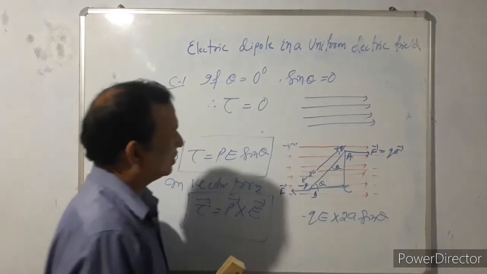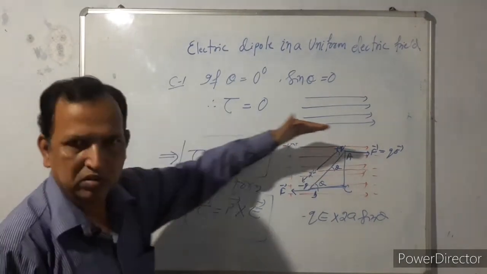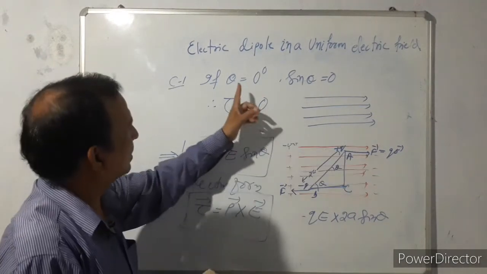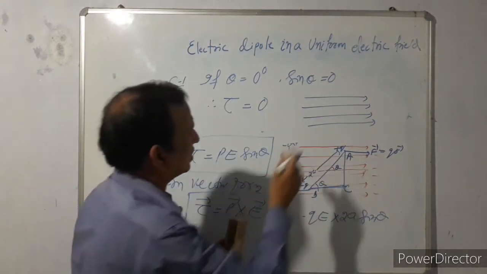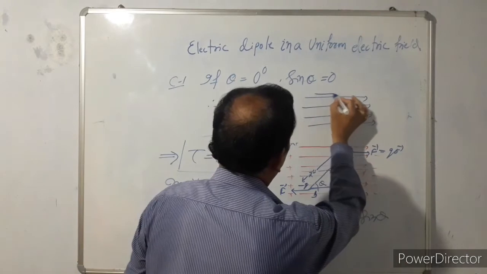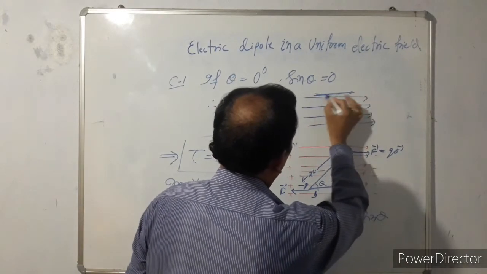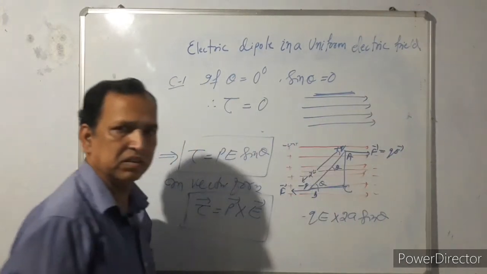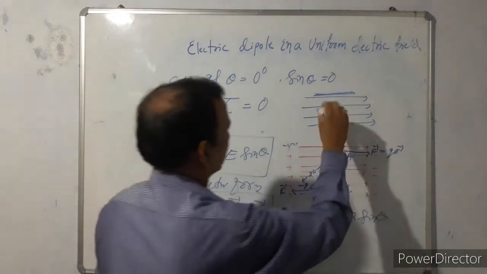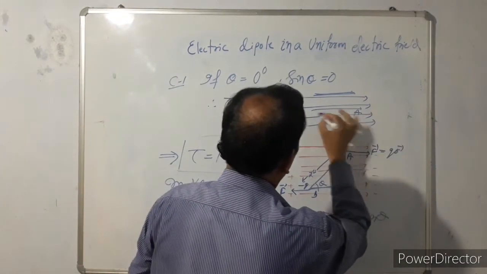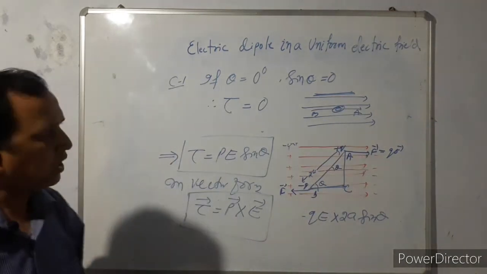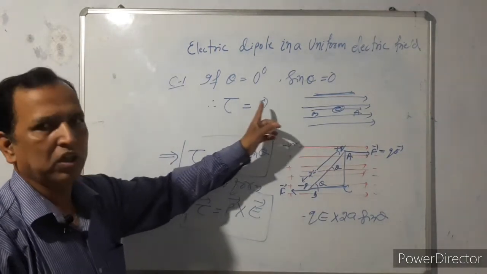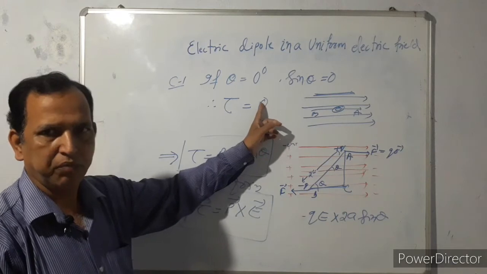The angle theta is 0 degree. This is the dipole AB in the same direction. So there is no torque exerted by the couple.